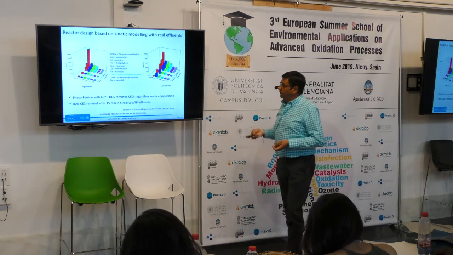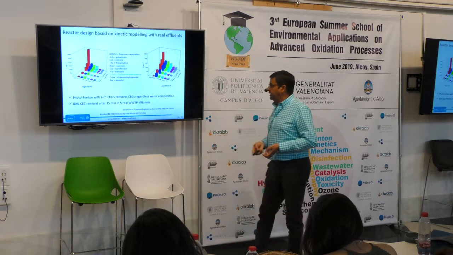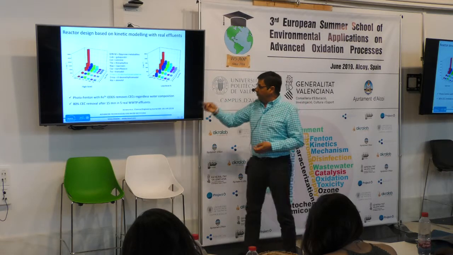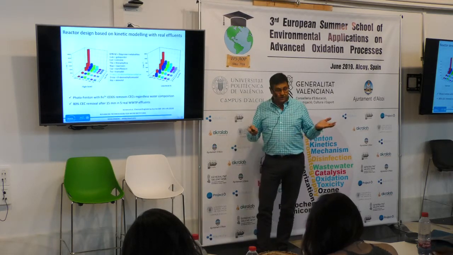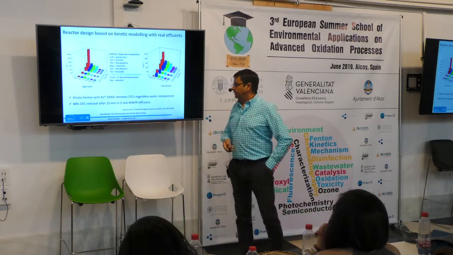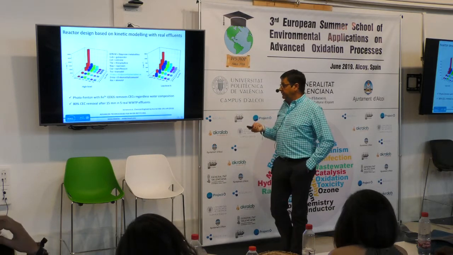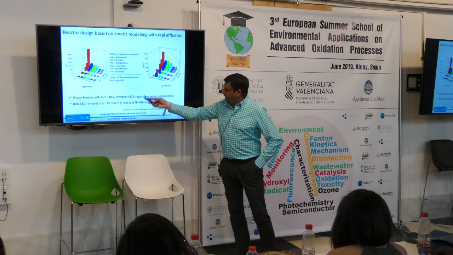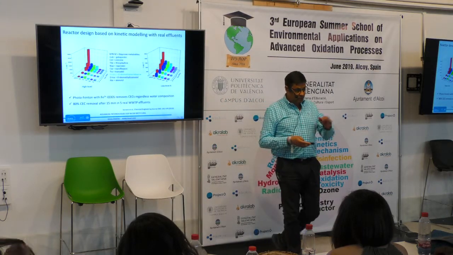We found that photo-Fenton at neutral pH with iron-3 EDDS removes the micropollutants effectively, regardless of the water composition, and that 80% of the micropollutants can be removed after 15 minutes of treatment with the 5 real wastewater effluents. That's the common result.